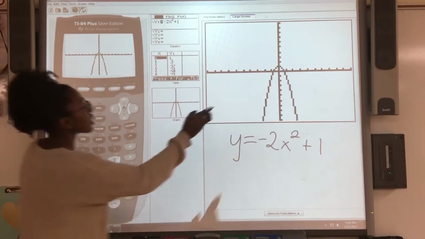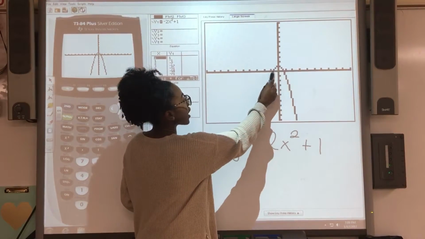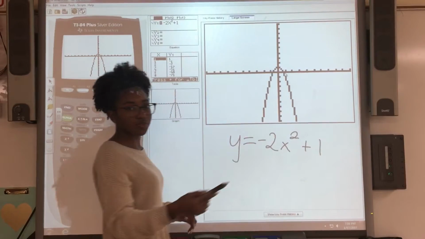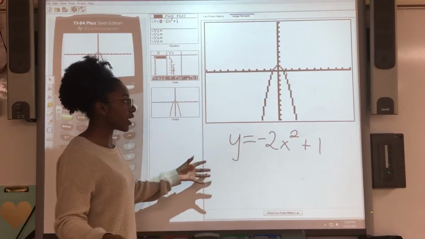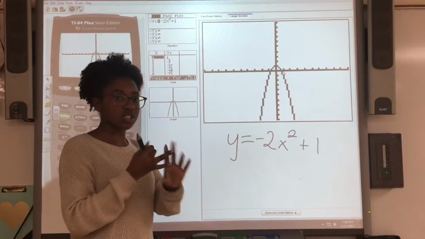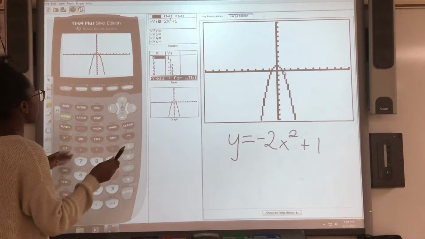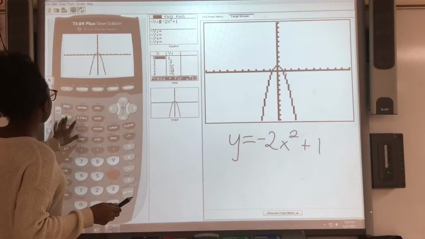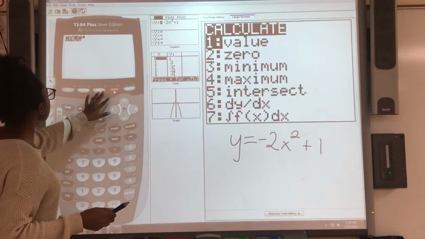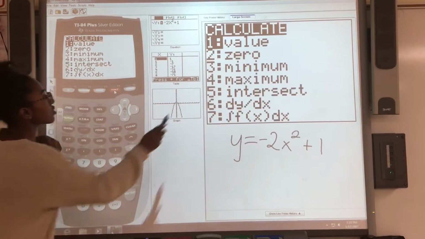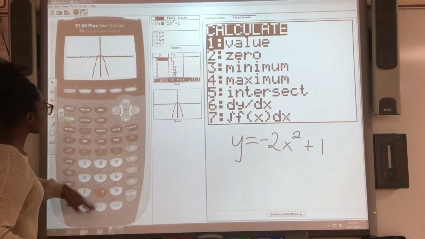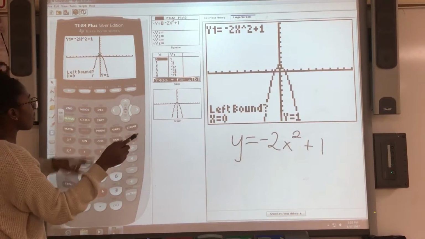You can see here that it crosses the x-axis at 2 places, and that's where you find your solutions in a quadratic. It's the solution, zero, x-intercept, it's all the same thing. The way that you do it in the calculator is you go to second calc, and there's one already for it. It's zero, so it's just number 2. It's going to ask you for the left bound.